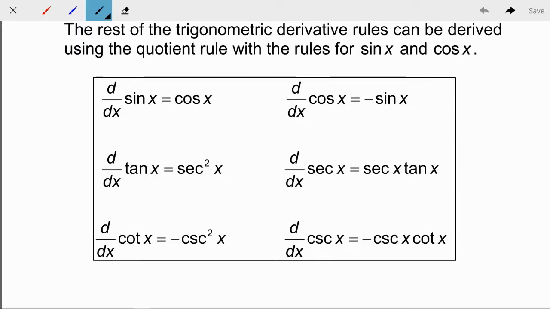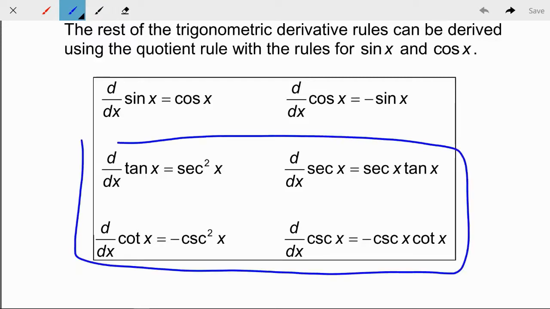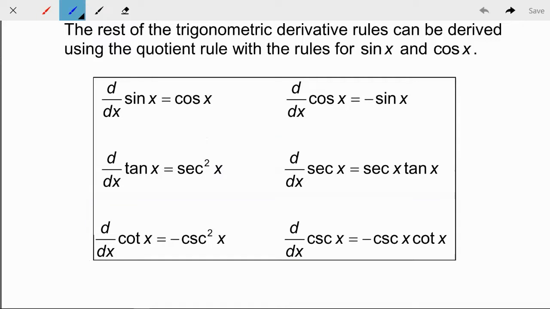And you can see that these bottom 4 rules that we have here aren't necessarily new rules. They're just applying rules we already know to create a special rule that we can apply for a different function. So within the tangent, we're still using the derivative rule for sine and cosine, but instead of going through that process every time, we're just shortcutting that. So in the end, we've got 6 trig derivative rules.